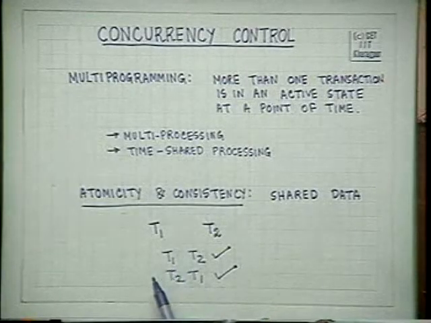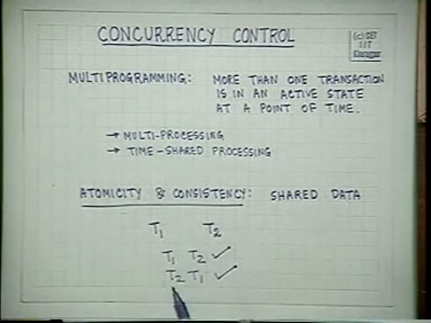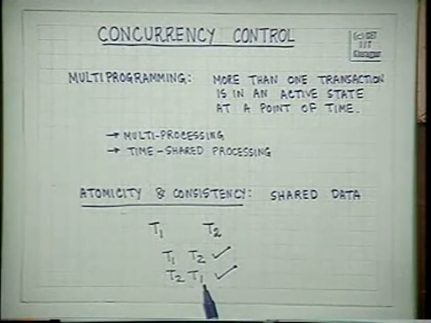So, a schedule of more than one transaction is the exact sequence in which the portions of each transaction are executed. For example, if T1 follows T2 or T2 follows T1, then we say these are called serial schedules, schedules in which one distinctly follows another.